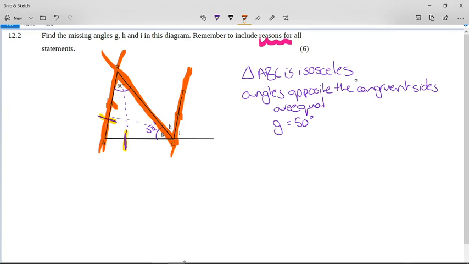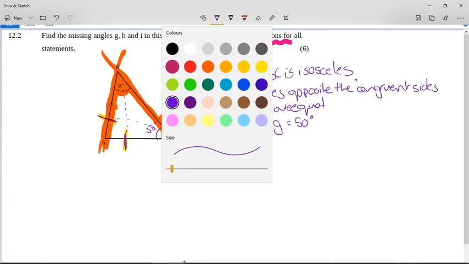Can you see what shape I'm drawing here? Can you see a Z? Sometimes we call it an N. But can you see this angle here and that angle there? What do we call them? Alternate angles.